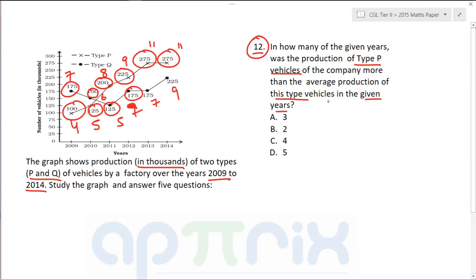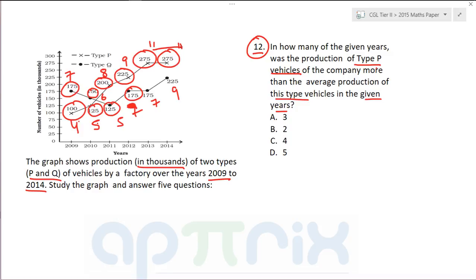Now, what they are asking here: for type P, how many values are more than average? Look at the type P values: 4, 5, 8, 9, 11 and 11. What is the sum you are getting? Are you getting the average to be 8 or not?